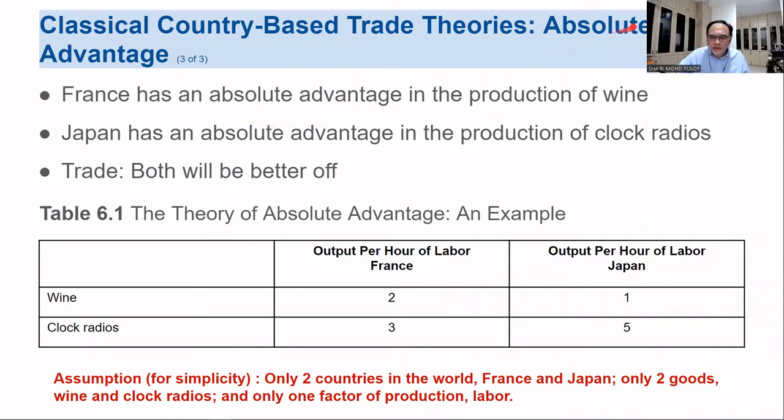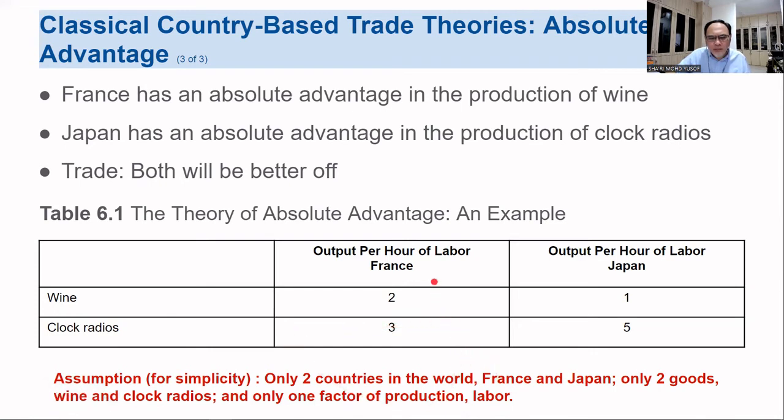For example, France has an absolute advantage in the production of wine. So you can see here, the assumption is this: for simplicity, there are only two countries in the world, for example France and Japan, only two goods, wine and clock radios, and only one factor of production, labor, just for illustration.